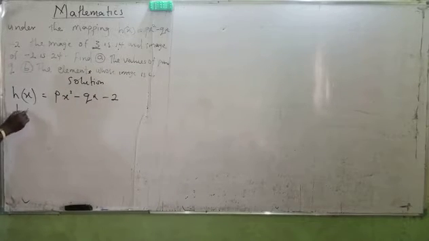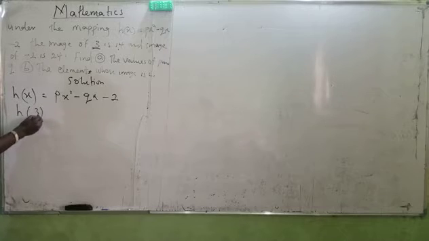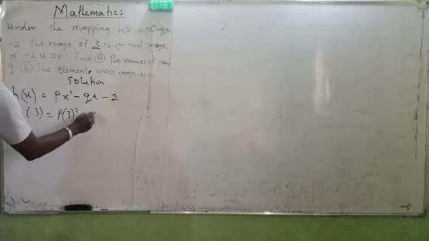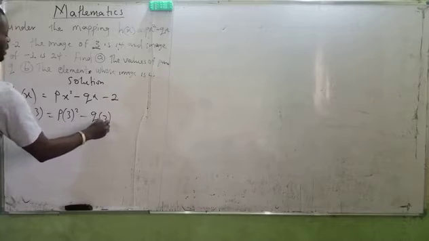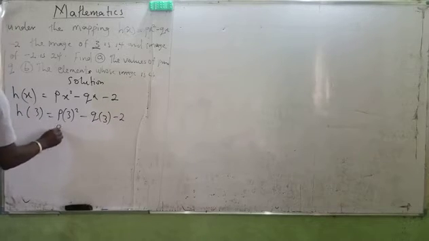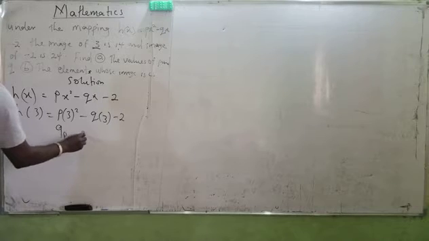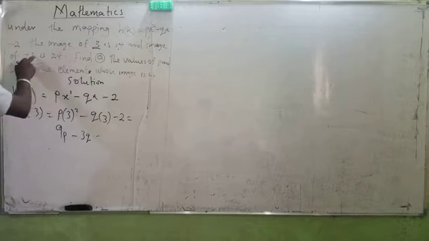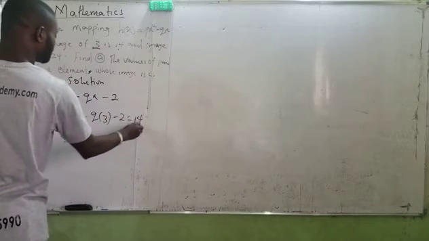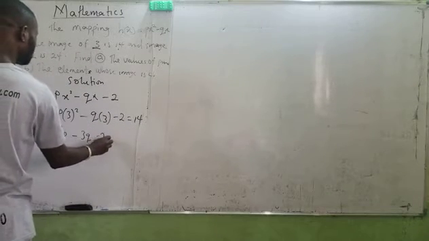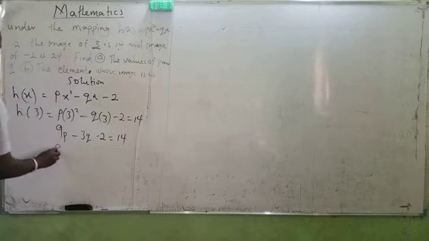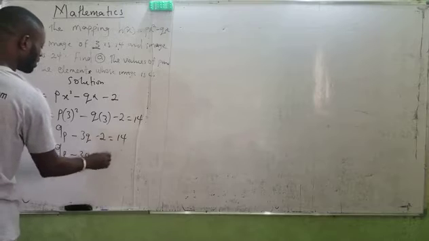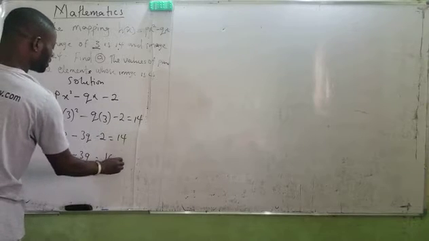It means h of 3 equals p times 3 squared minus q times 3 minus 2, which gives 9p minus 3q minus 2 equals 14. Now it means 9p minus 3q equals 16, equation 1.